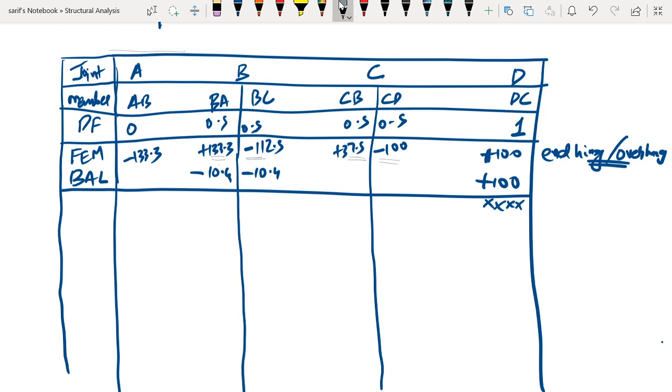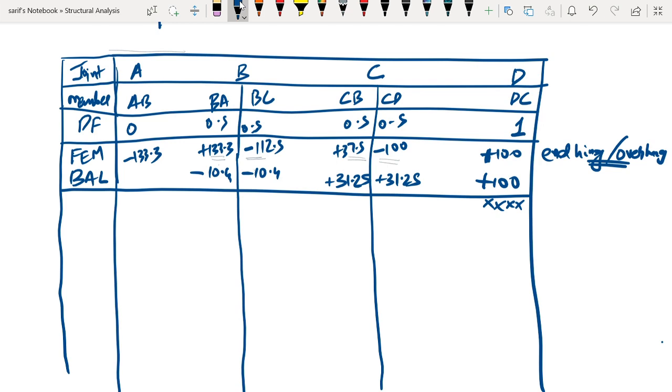When we apply plus 62.5, that will be divided to members CB and CD in the ratio of the distribution factors. So the moment that we have to apply here will be a plus 31.25 and here also plus 31.25. So these are the moments that we have to apply.